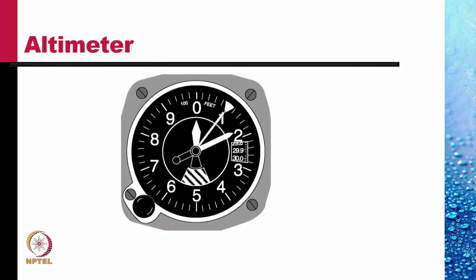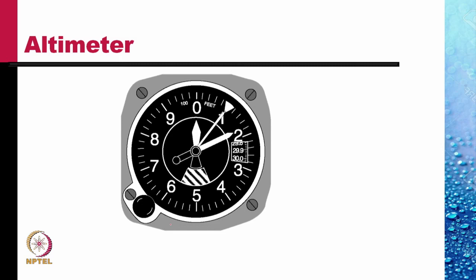This variation of pressure with altitude is used in an instrument called altimeter to measure the altitude of the aircraft as they fly. This altimeter is nothing but a barometer. It measures the atmospheric pressure.